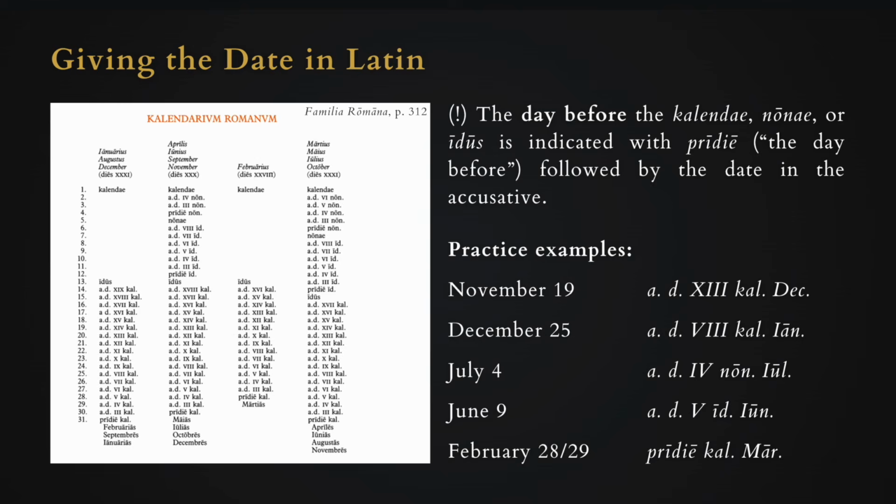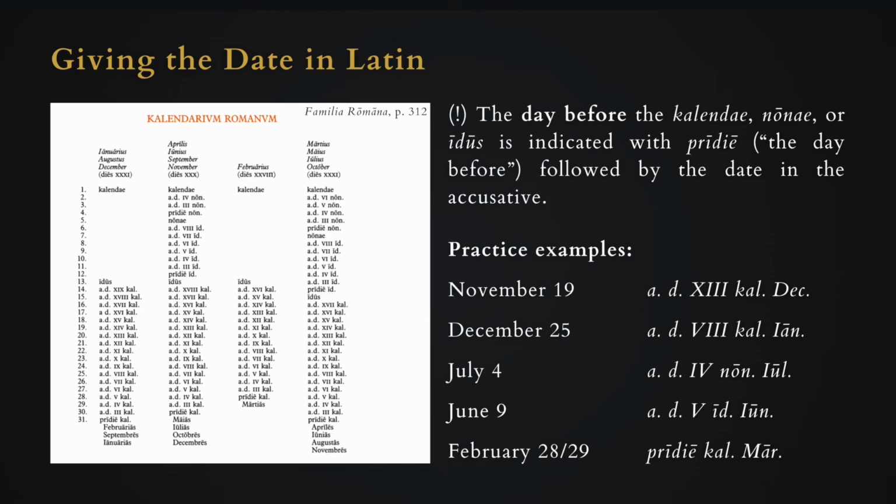So that's it. This is how you give the date in Latin using the Roman calendar. As you can see, it's quite a pain. It's quite a pain, but it's something you should practice slowly. I repeat, this is something that both beginners and advanced students alike struggle with. So what I recommend is to learn to use this table slowly, and then try to count.